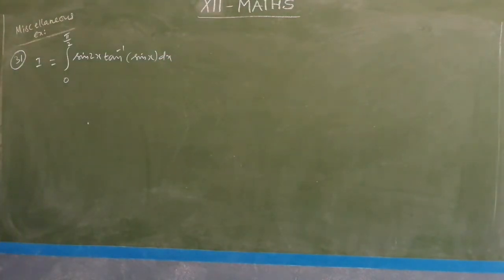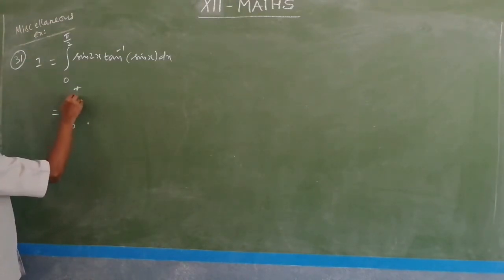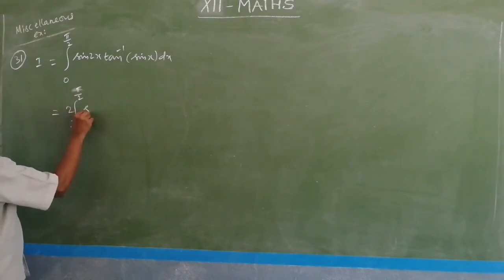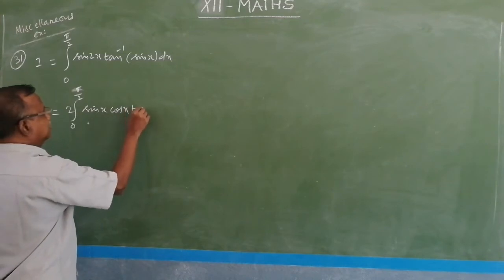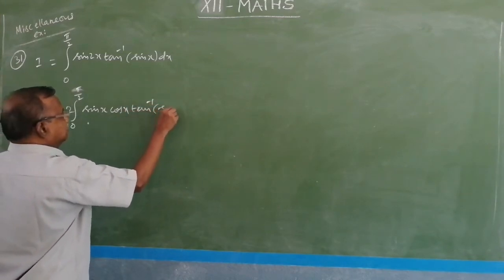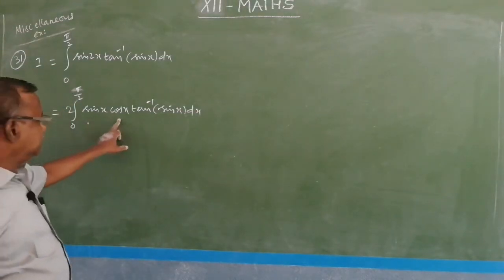Now expand this. This is equal to 0 to pi by 2, 2 sin x cos x into tan inverse of sin x into dx. So we have substitution as well as its derivative.